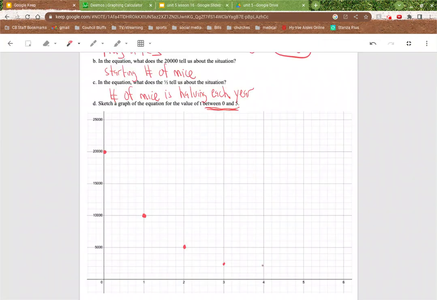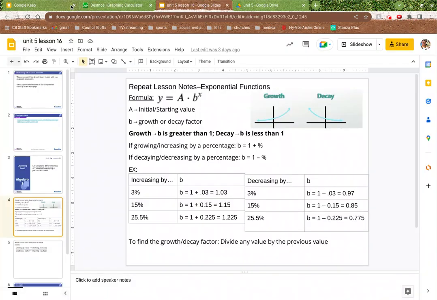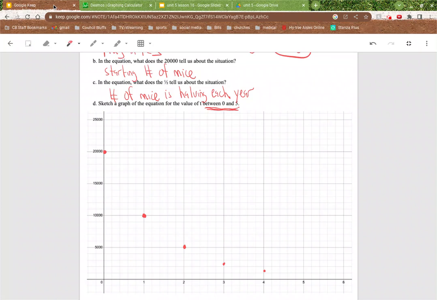Okay, here's 1,000, here's 2,000. So that's going to be like in here somewhere. And then half of 1,250 for year 5 is 625, which is going to be about, here's 0, here's 1,000, so that's going to be in the middle here.